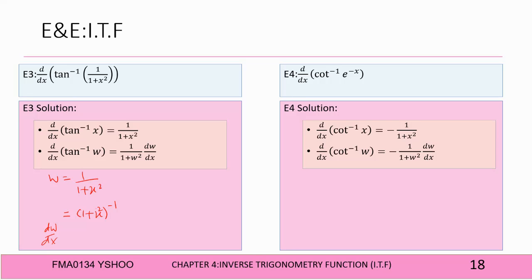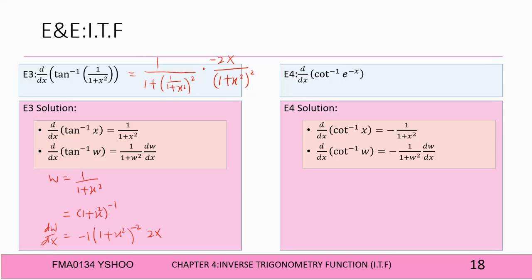Then dw dx will become -1, push the negative in front, 1 plus x squared to the power of -1 minus 1 is -2. Don't forget to use the chain rule. Differentiate inside is 2x. So now this question will become 1 over, our w is 1 over 1 plus x squared, squared. Our dw is -2x over 1 plus x squared, squared.